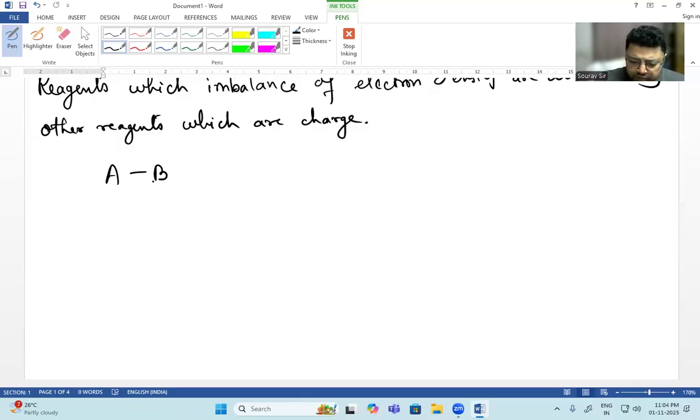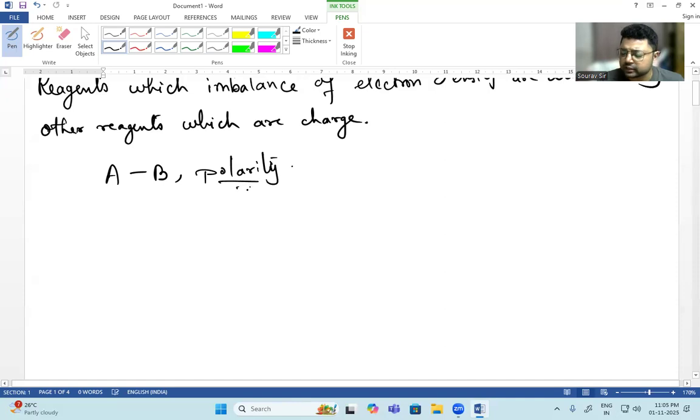Now, the first thing we have to look at here is polarity, polarity in a bond. What is polarity? Polarity is related to dipole moment, or charge separation inside a molecule.